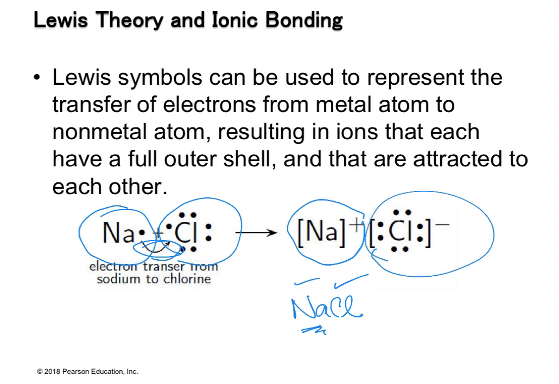And so how you would show this process with Lewis dot structures is you write the Lewis dot structure of the neutral atoms. You use an arrow to show movement of electrons from the sodium, which is donating its valence electron, to the chlorine.